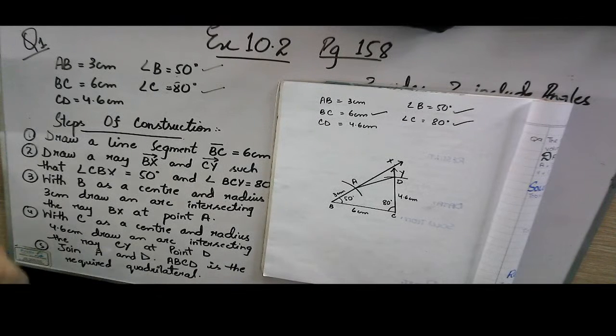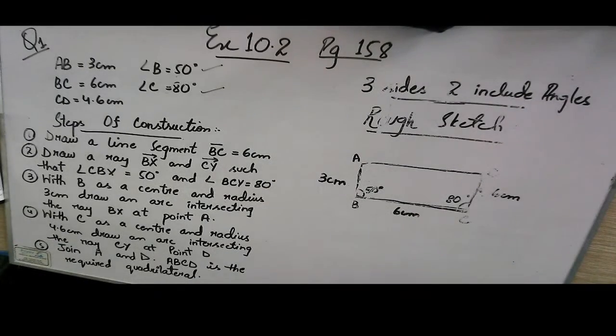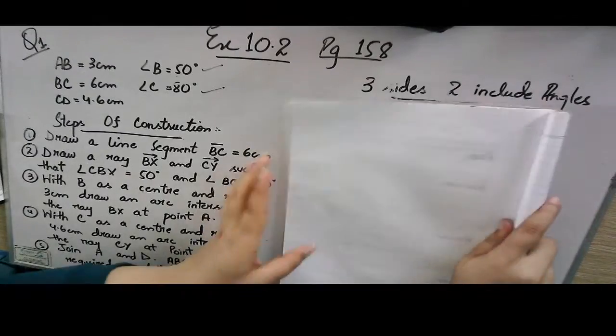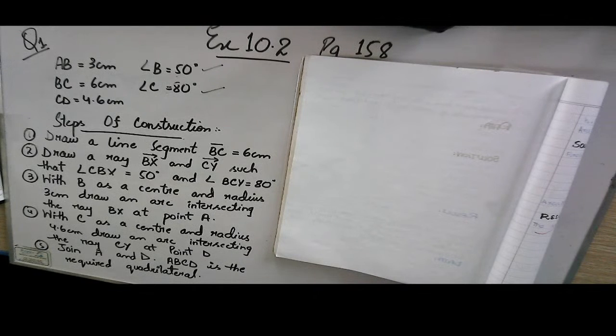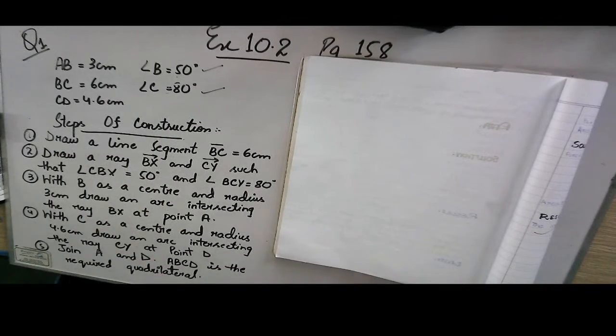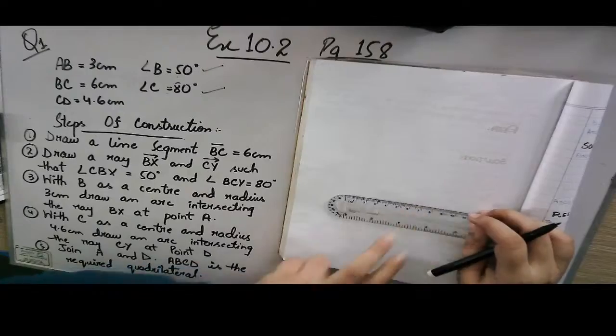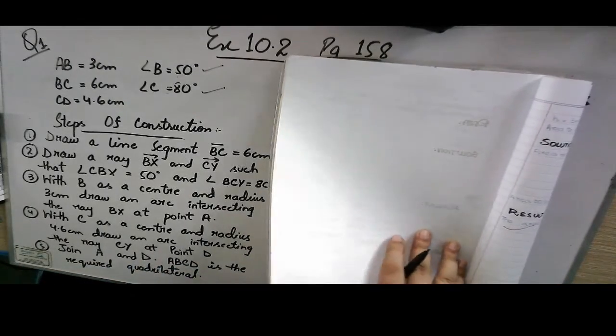So students, what you have to do now, by the help of these points, I am constructing the quadrilateral again. If you are facing difficulty, I am repeating the construction of the quadrilateral again. Basically, the first point is draw a line segment BC 6 centimeter.